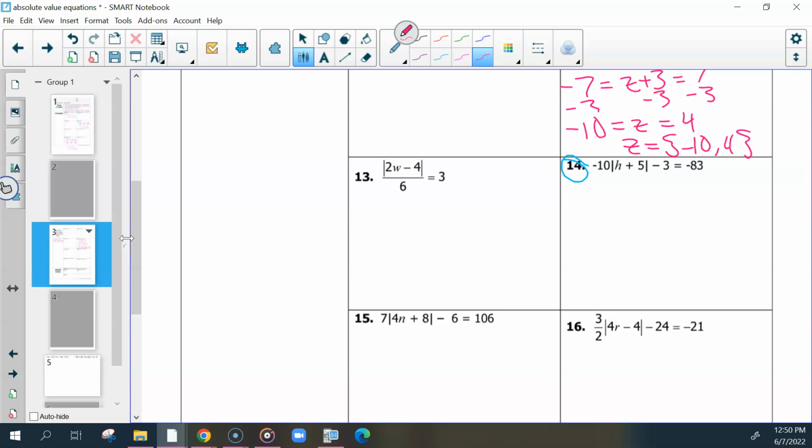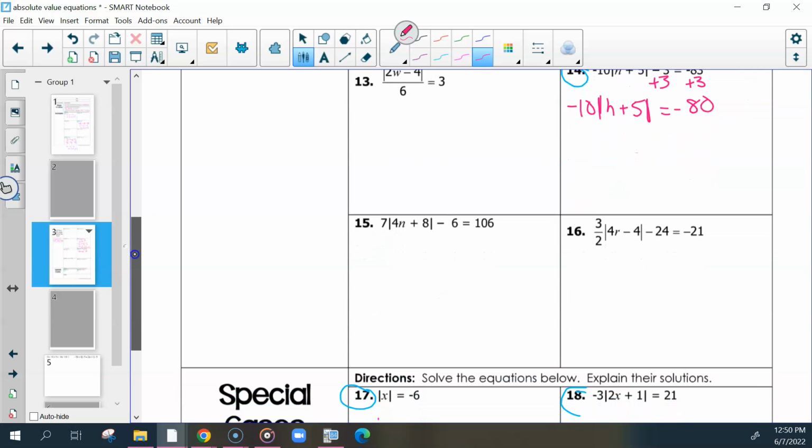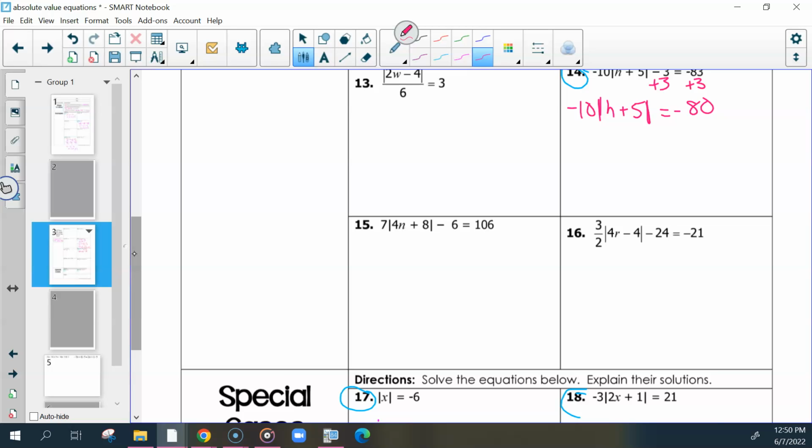For 14, same thing. Just like in a regular equation, you would get rid of whatever is adding or subtracting first. You're also going to do the same thing here. Get rid of this 3 by adding it to the other side. Then divide both sides by negative 10.